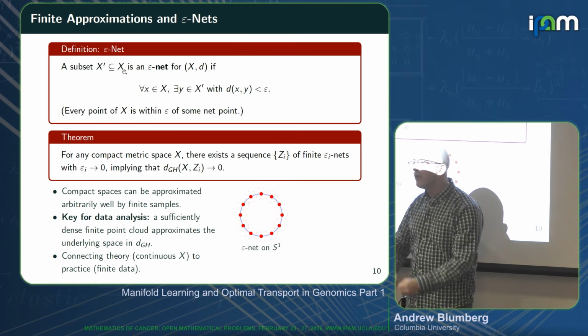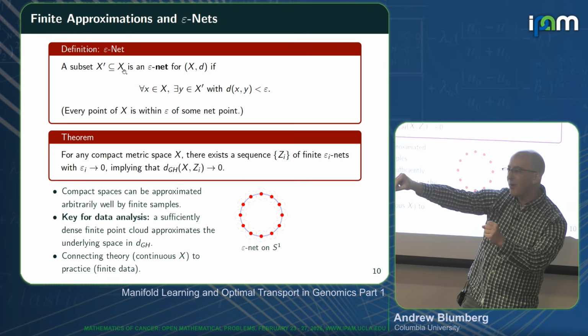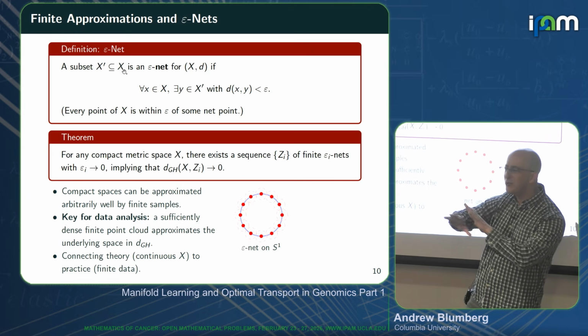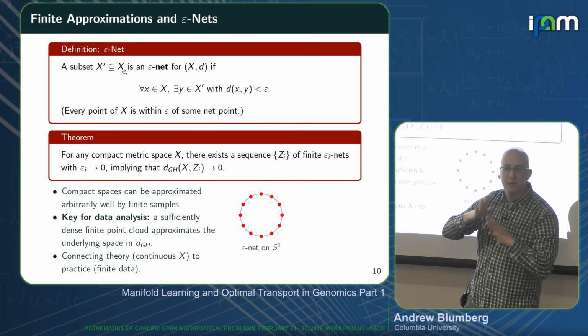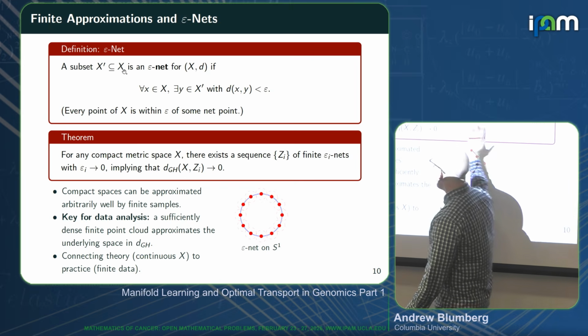And how do you do this? You can do this by taking a point and taking a point as far away as possible and taking another point that's far away from it. And you just keep doing it until the distances between them are less than epsilon, basically. Okay? And so you can always do this.